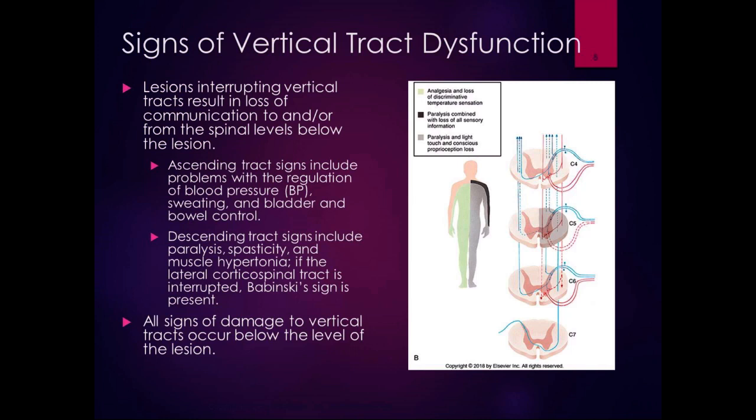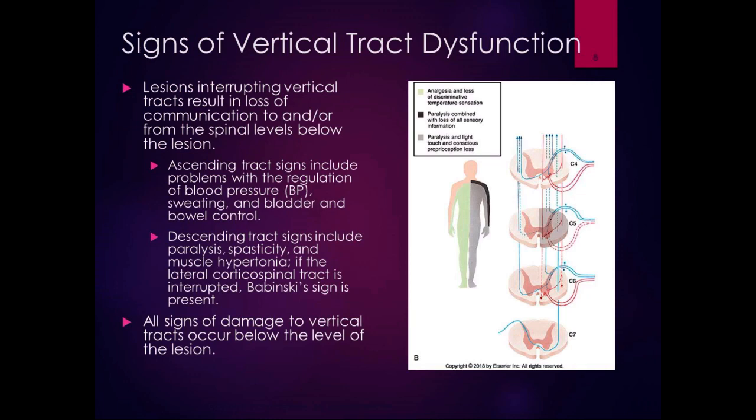So ascending tract signs include problems with the regulation of blood pressure, sweating, and bladder and bowel control, and those are all autonomic things. Descending tract signs include paralysis, spasticity, and muscle hypertonia. If the lateral corticospinal tract is interrupted, you may have Babinski's sign present. All signs of damage to vertical tracts occur below the level of the lesion.